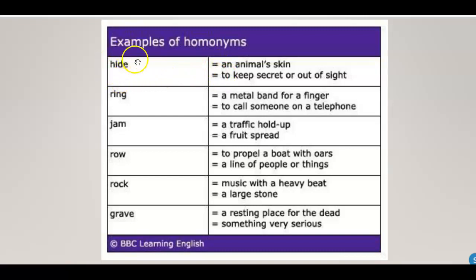So even though I'm going to spell this the same way, I might be referring to an animal skin, as in an animal hide. Or I might mean to keep secret or out of sight, as in when I play hide and seek. One word, one spelling in this case, two meanings.